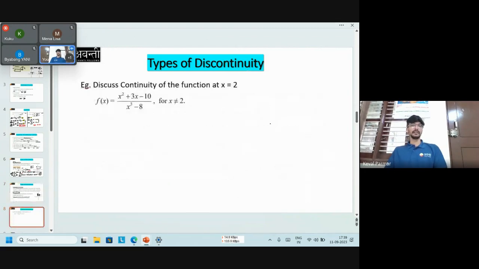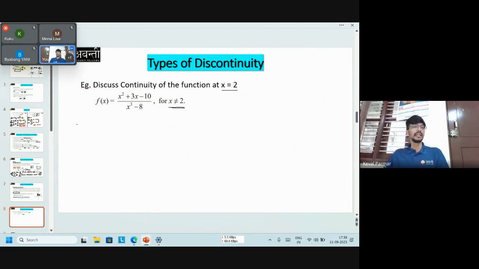Here, discuss the continuity of the function at x equals 2. For continuity at x equal to 2, we have to check 3 things: the functional value, the limiting value, and whether both are equal or not. Functional value: I cannot put 2 because this expression is valid when x is not equal to 2, so the functional value is undefined.